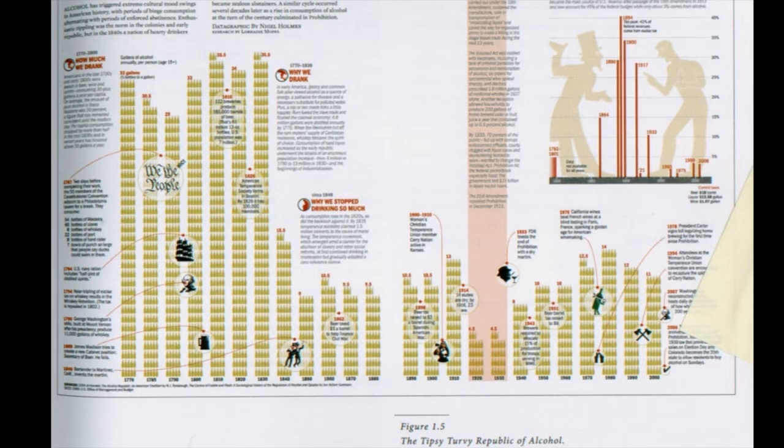I love this bar chart because it's just really fascinating, and I wish I could find a more updated version of it. I looked and looked and I can't, but it's all about alcohol consumption in the United States. And I think it goes only up to about 2010, but I certainly would like to see an updated version of that, because in the last 5 years or so, there's been a huge up and a huge down.